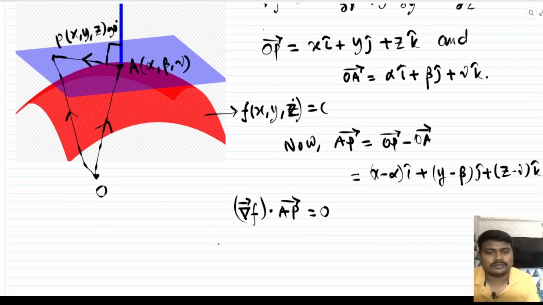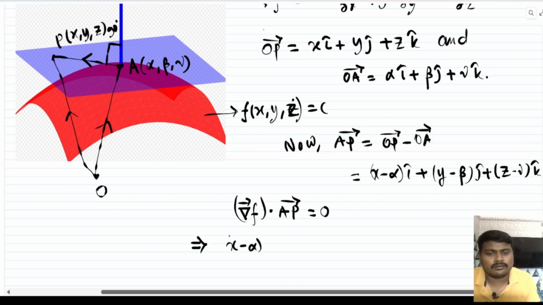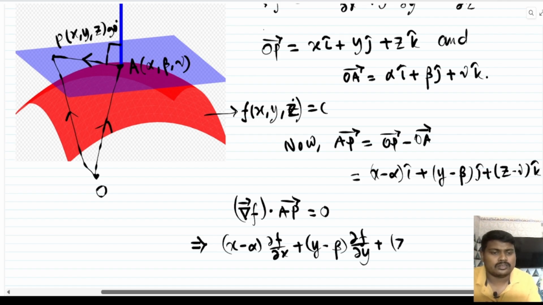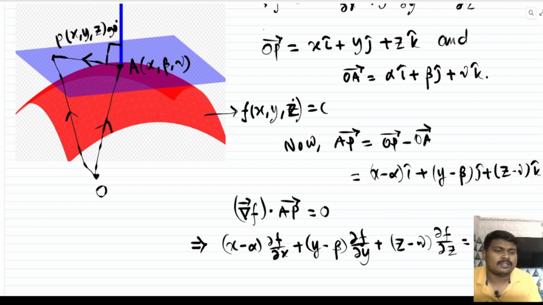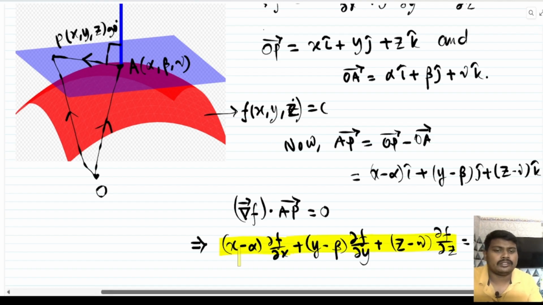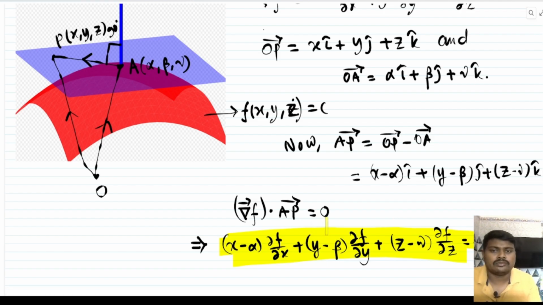This implies that (x − alpha) ∂f/∂x + (y − beta) ∂f/∂y + (z − gamma) ∂f/∂z = 0. Therefore, this is the equation of the tangent plane at the point A of the level surface f(x, y, z) = c.